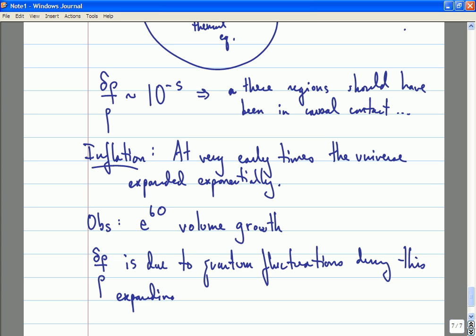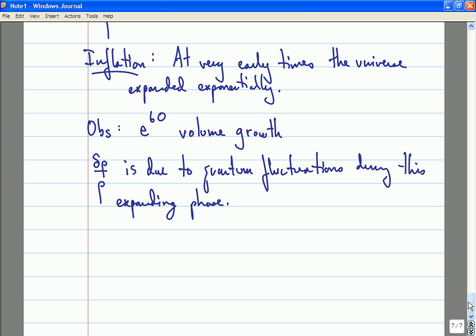And in fact, these fluctuations in the matter density are not only those responsible for the variations in the cosmic microwave background, but they're those that are responsible for the formation of all structure in the universe. So these quantum fluctuations are responsible for all the structure in the universe.